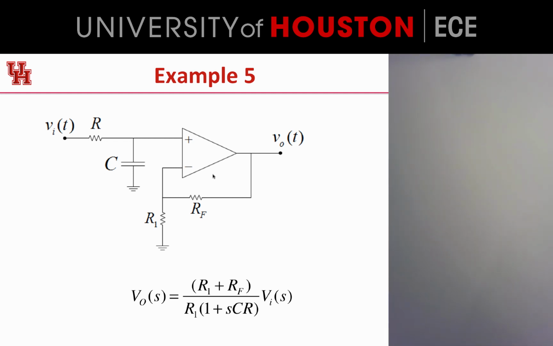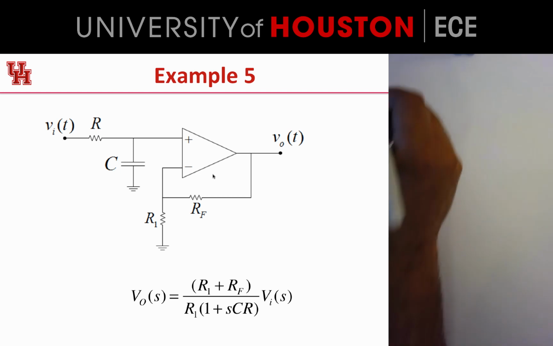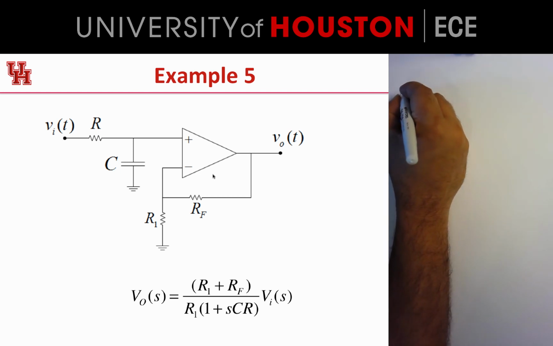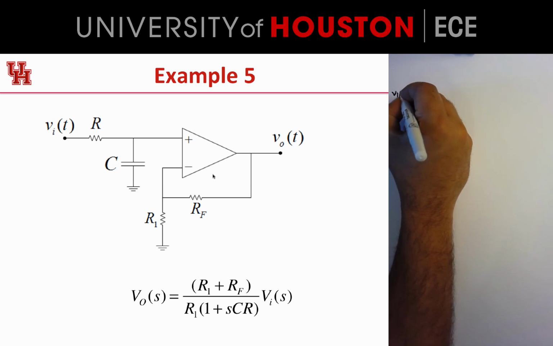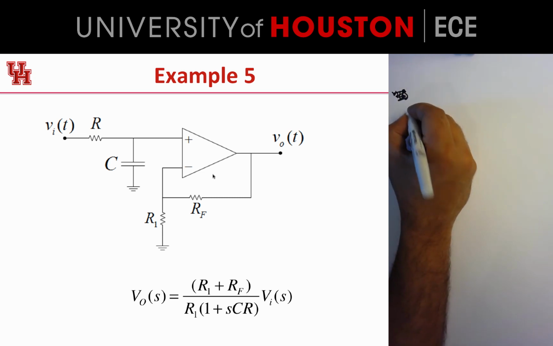This circuit is one that we used in our most recent test. I've got a V input, and this input is given in the time domain. Let me sketch it more neatly.